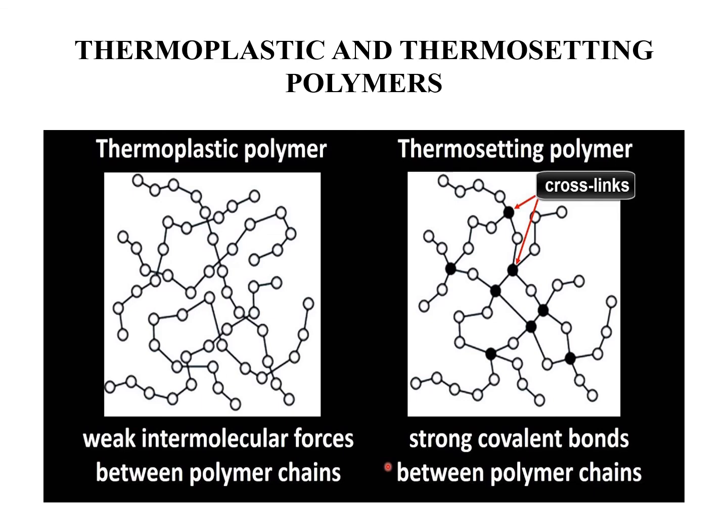During heat treatment, these covalent bonds anchor the chains together to resist vibrational or rotational chain motions. That is why the materials do not soften when heated. This is the fundamental difference between thermoplastic and thermosetting polymers.